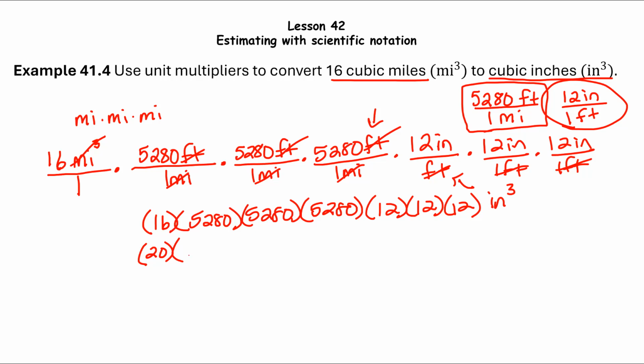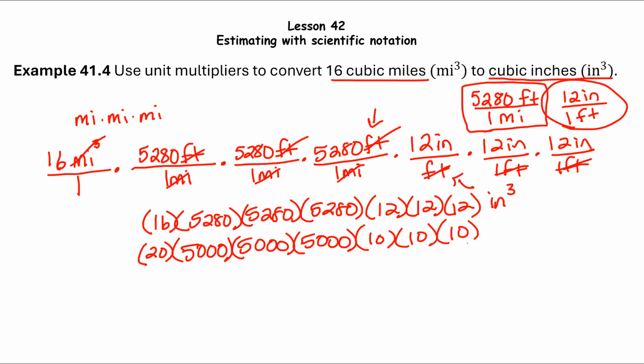It's closer to 5,000, so I'm just going to write 5,000. Okay, 12 is between 10 and 20. It's closer to 10. So for all the 12s, I'm going to put 10.